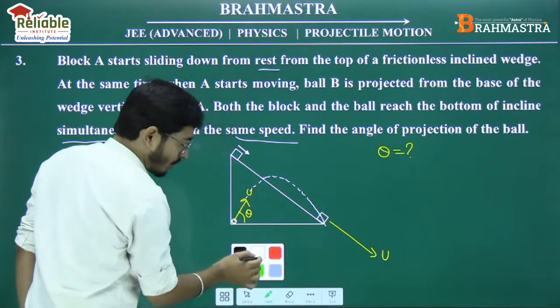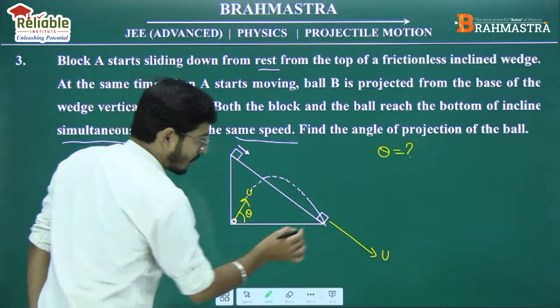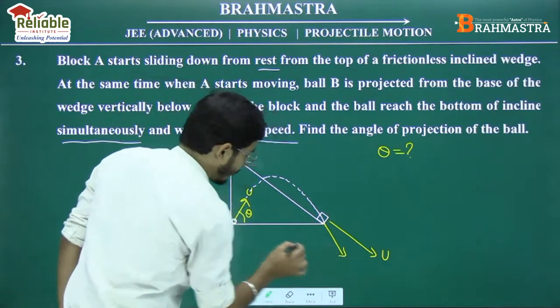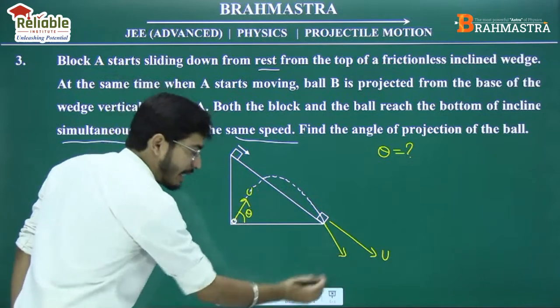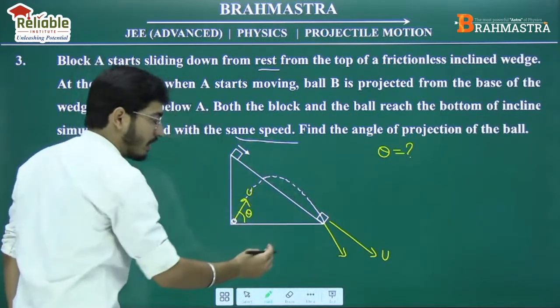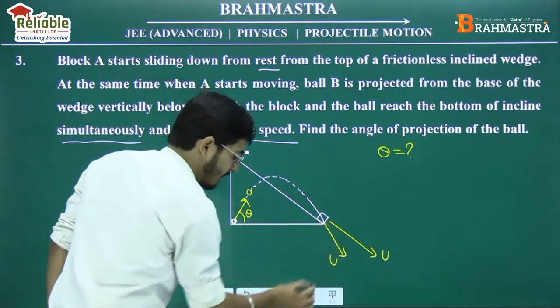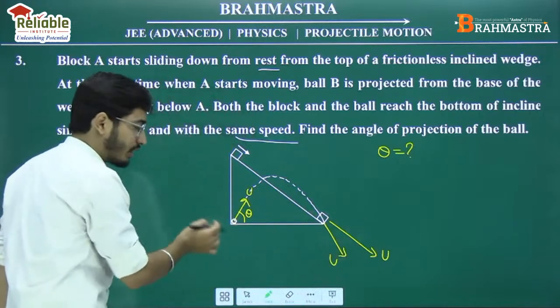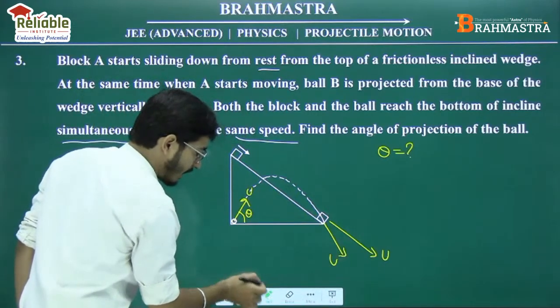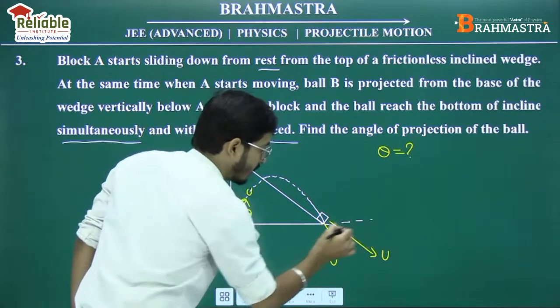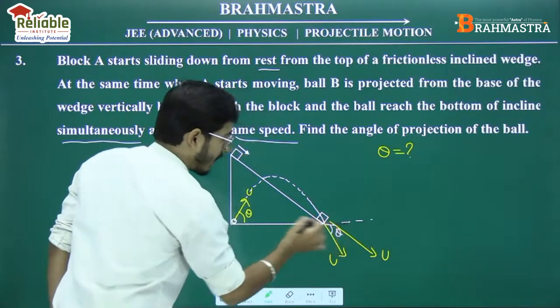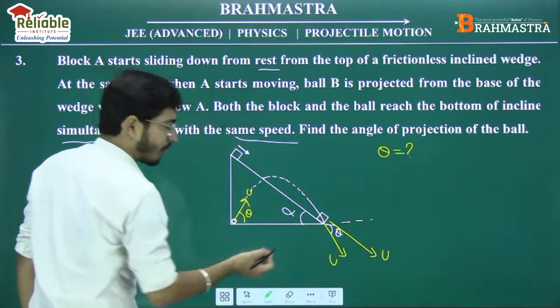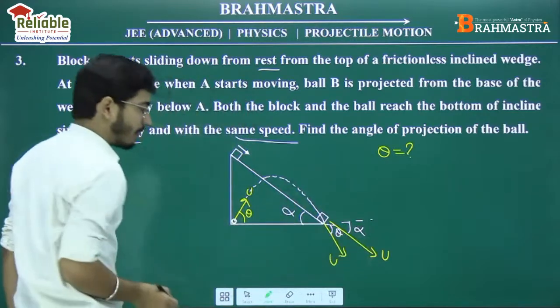And as you know, a projectile attains the same speed at the end portion, and it makes the same angle as the initial. So this angle is going to be theta, and this angle, let's call it alpha.